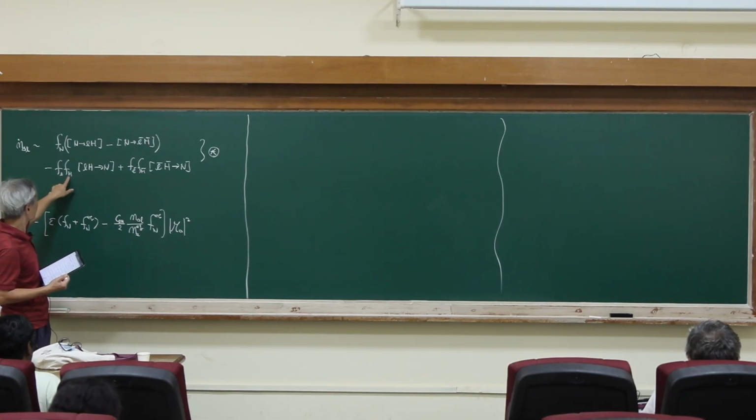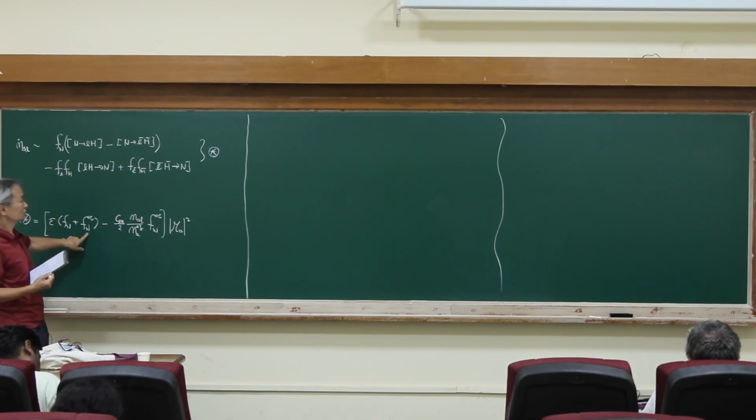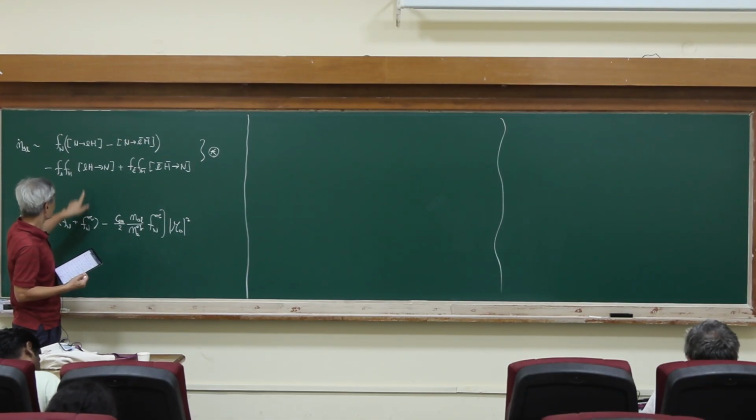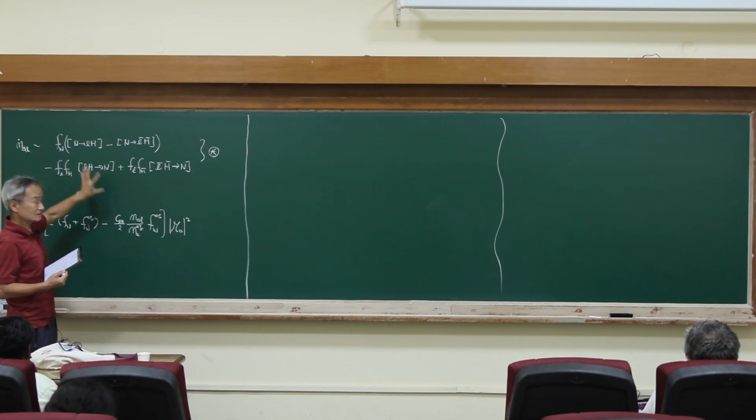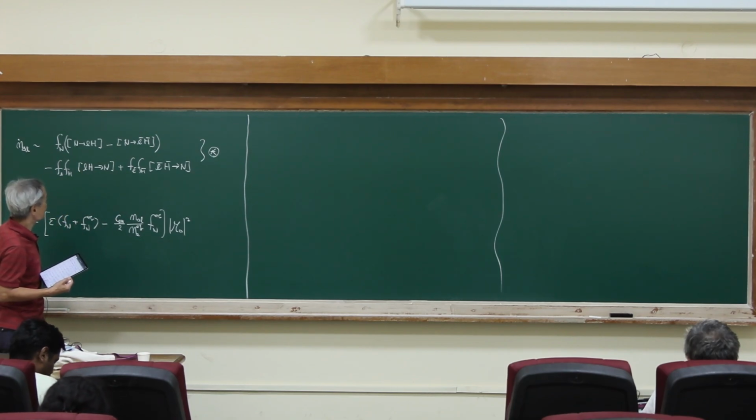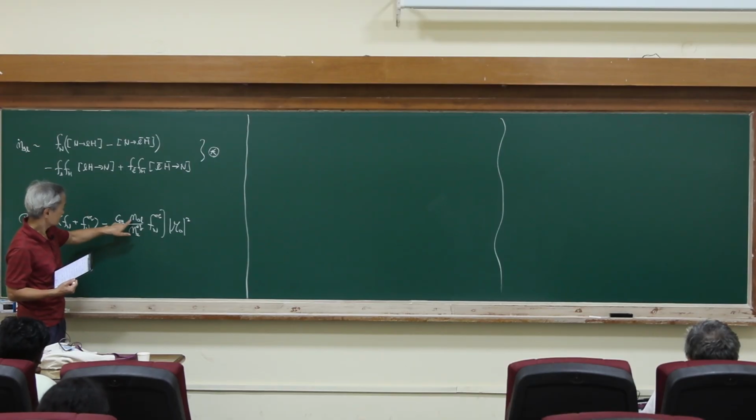So this FL FH goes to FN^eq due to energy conservation. And then there is asymmetry in this inverse decay rate, also asymmetry between N and L bar, the number asymmetry picks up this.